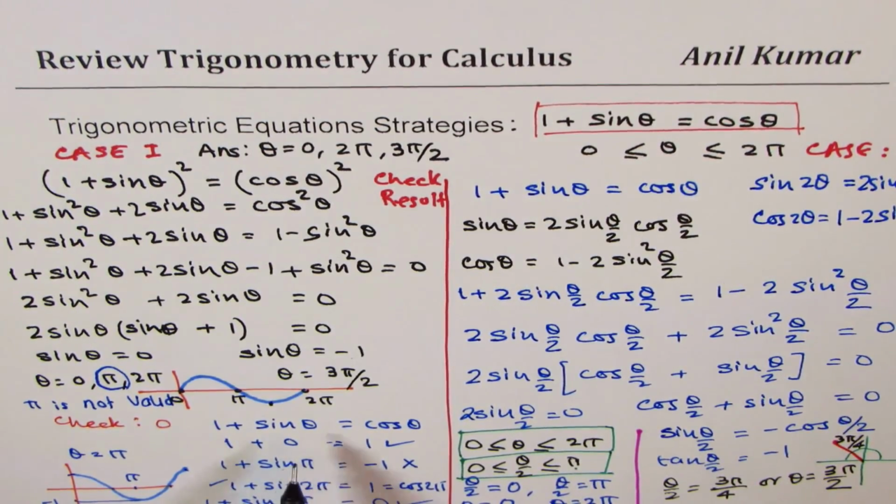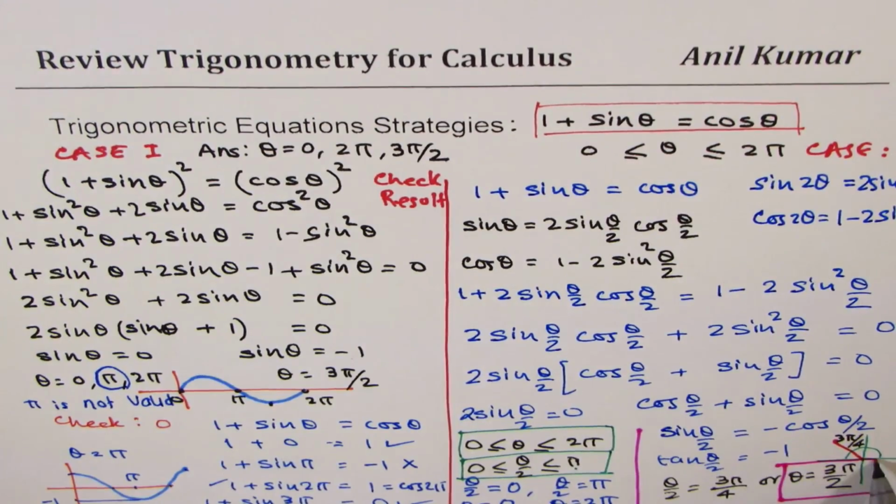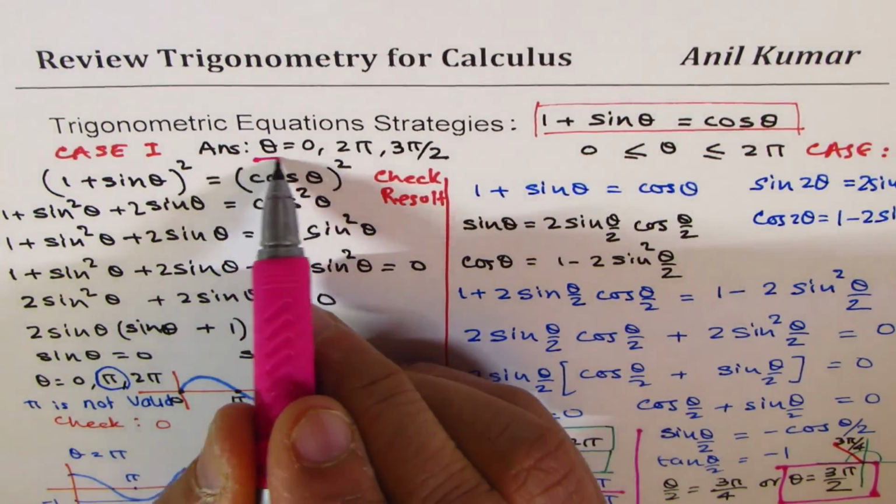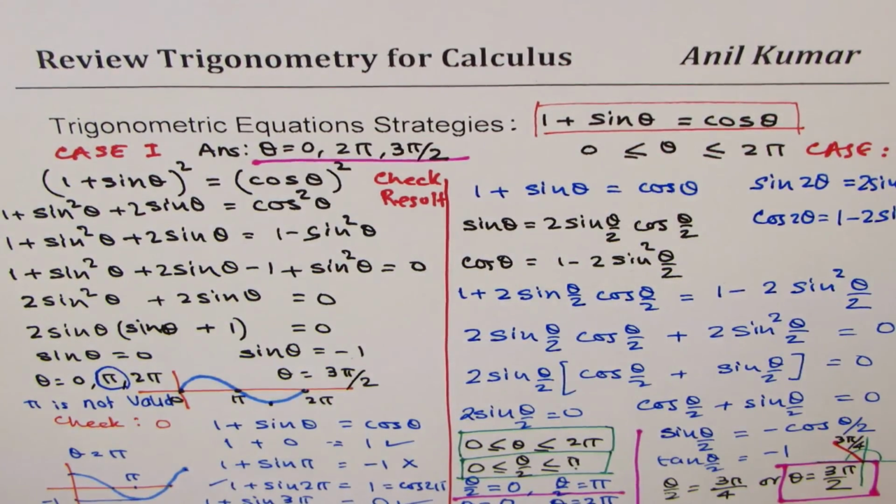So we get exactly the same answer which we got earlier. So that becomes the next solution, which is theta equals 3 pi by 2, right? So we get the same three solutions which we got last time, but we have adopted two different ways of solving the trigonometric equation.